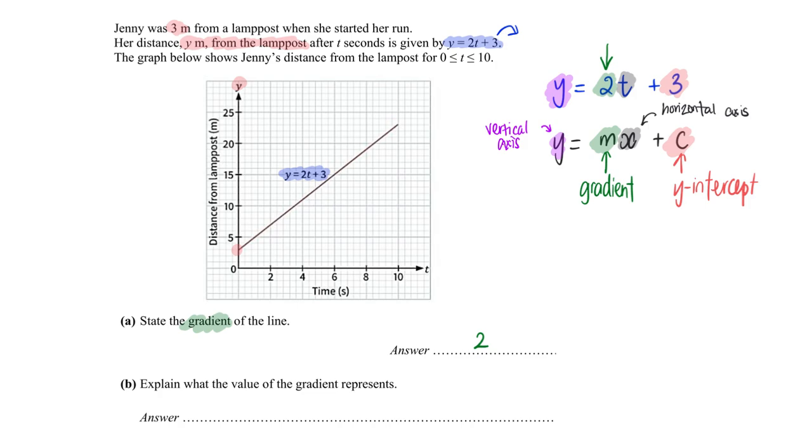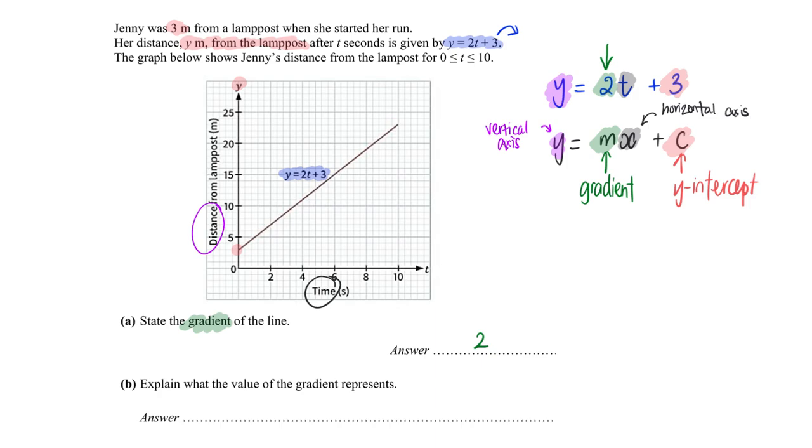The second part though requires some thinking, and the context here is that y is actually a distance, and the t or the x-axis is the time. And how exactly do we find the gradient?